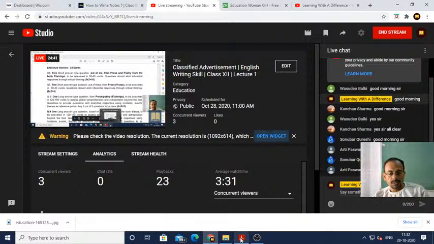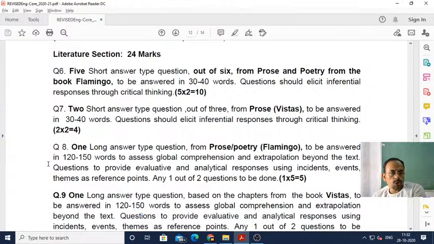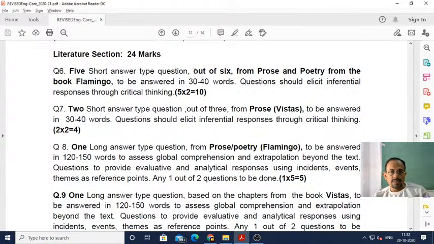So, as you can see here, in the literature section, dear students, 5 short answer type questions will be given, 5 short answer type questions out of 6. It means there will be 6 questions, out of which you've got to answer any 5.